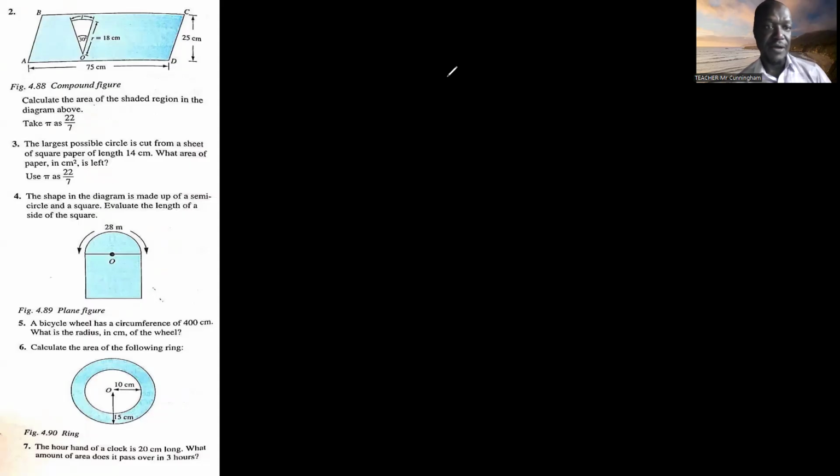The diagram, well, they gave us the length of half of a circle. What is the circumference of a circle again? The 2 pi r.